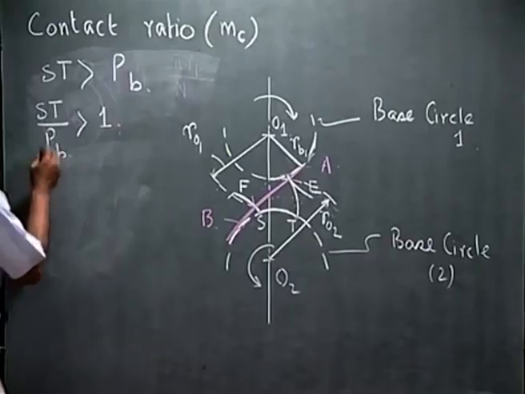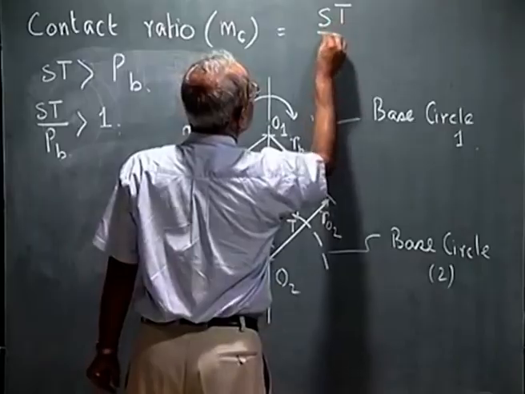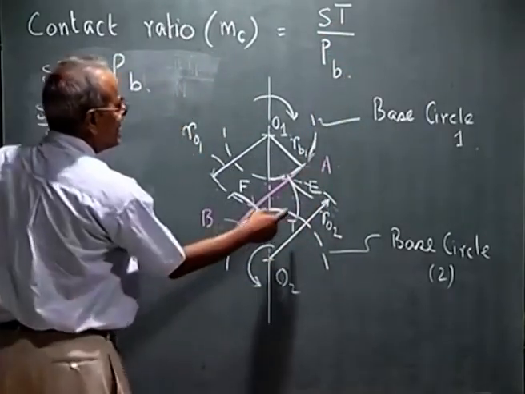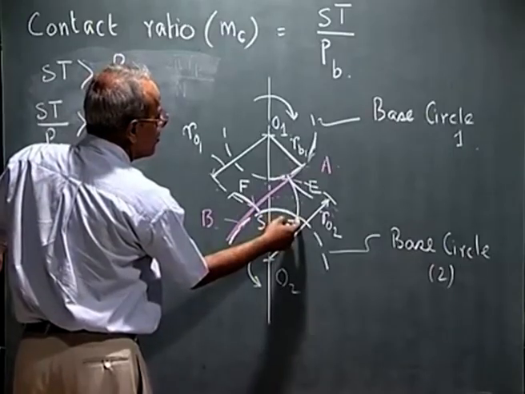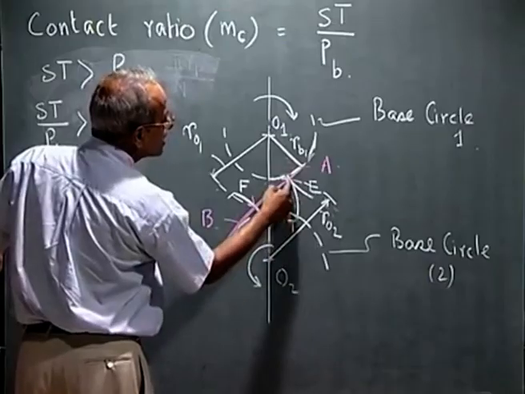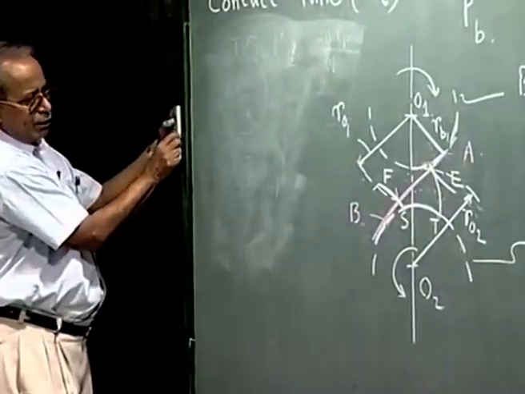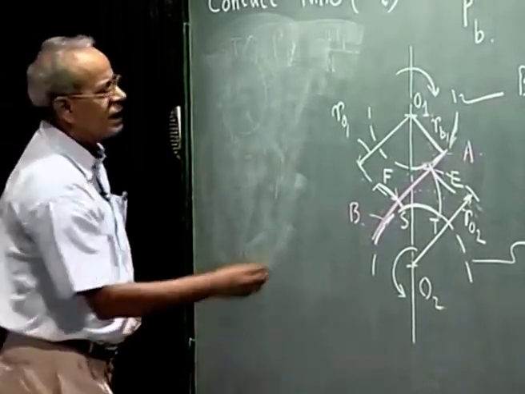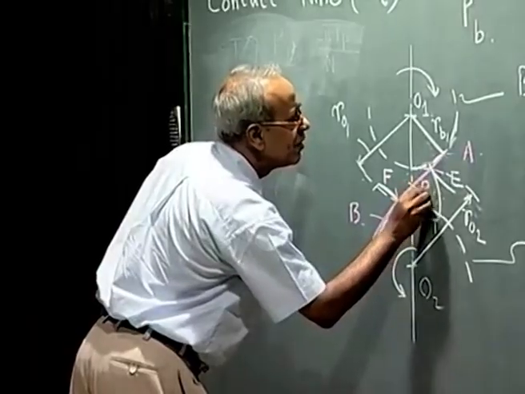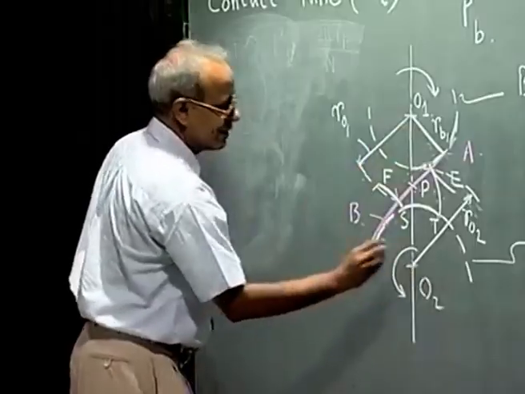We define MC as ST by PB. What is ST? That is the movement of this tooth, measured along the base circle, from the start to the end of the engagement. To calculate MC, we proceed as follows. This is what we call the pitch point P, where the common tangent, the line of action, intersects this line of centers O1, O2.